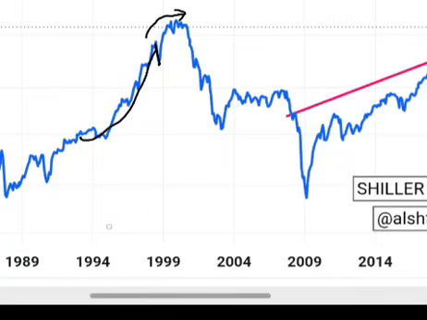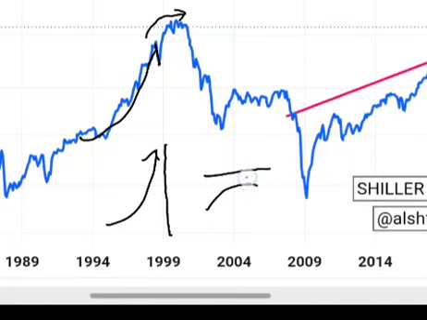Remember, with parabolas, you go like this against a vertical line, whereas on the next phase, the price was going against a flat line like this.